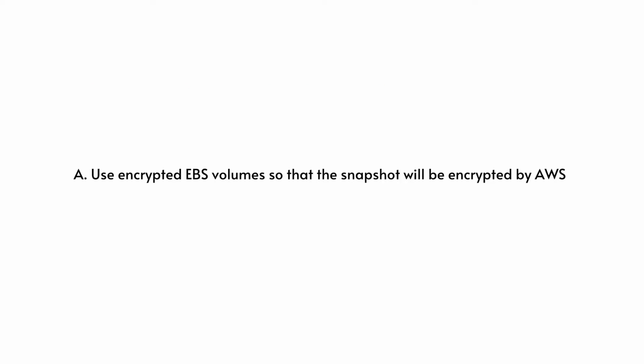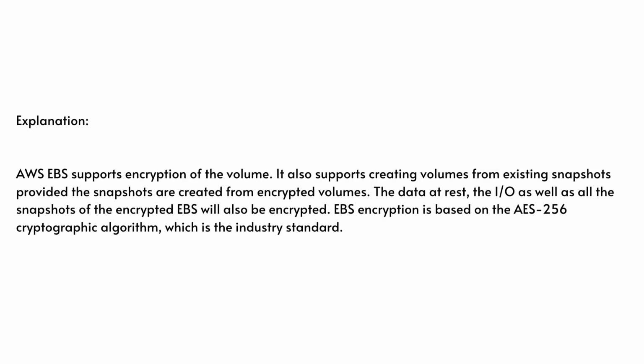The correct answer is option A. Use encrypted EBS volumes so that the snapshot will be encrypted by AWS. Explanation: AWS EBS supports encryption of the volume. It also supports creating volumes from existing snapshot, provided the snapshots are created from encrypted volumes.